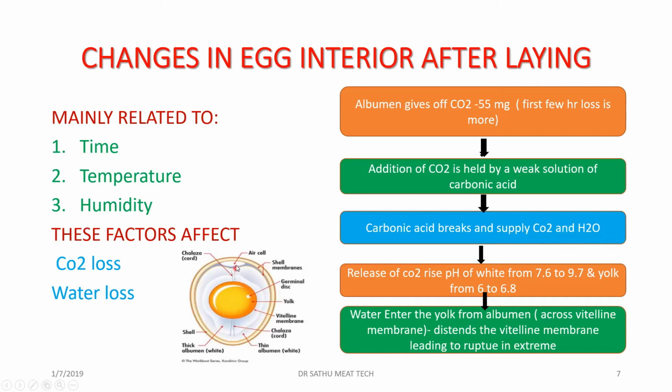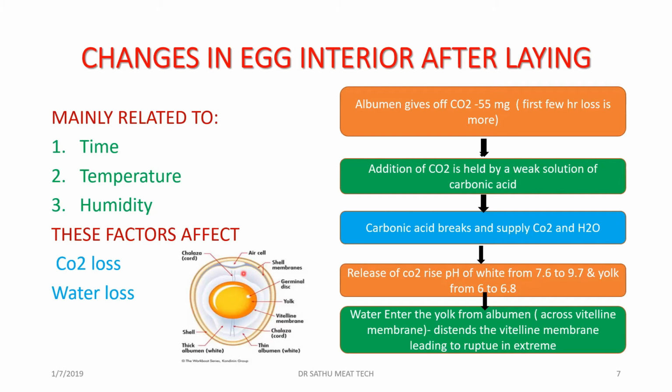Once the carbon dioxide is lost, to maintain the pH of the egg, the weak carbonic acid that is present in the albumin will break into carbon dioxide and water. I'll repeat. Once the carbon dioxide is lost, the pH will start increasing.